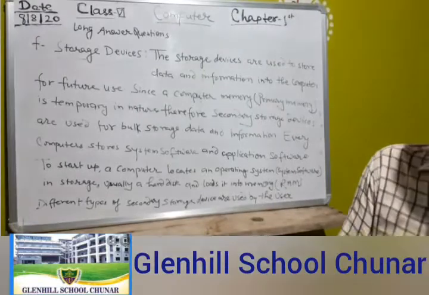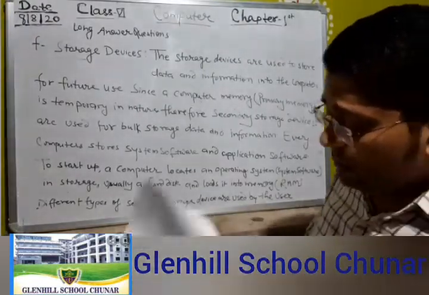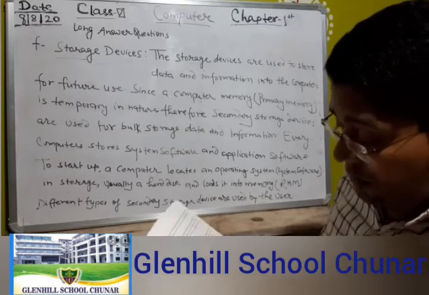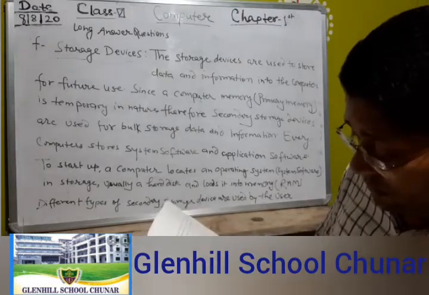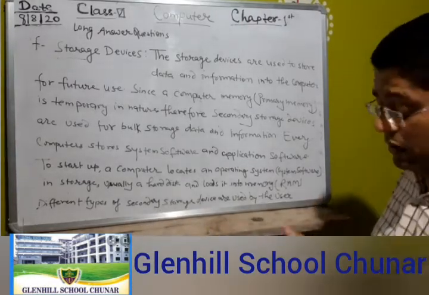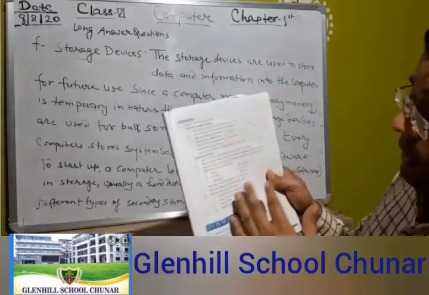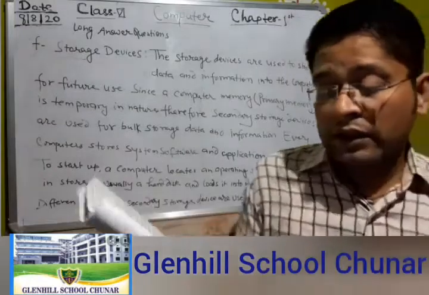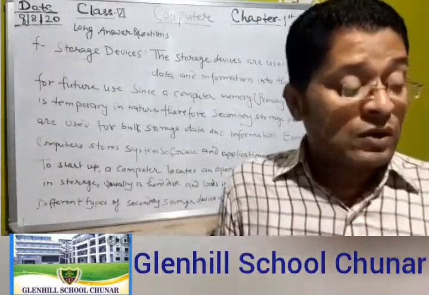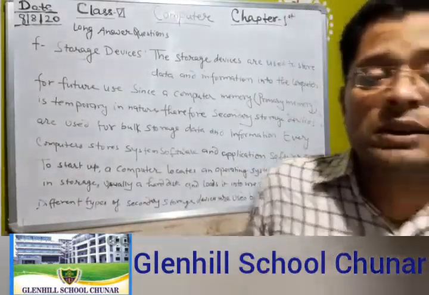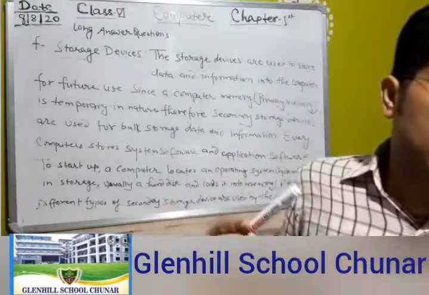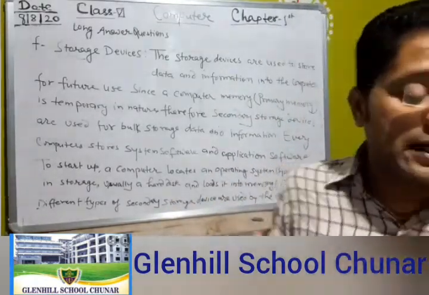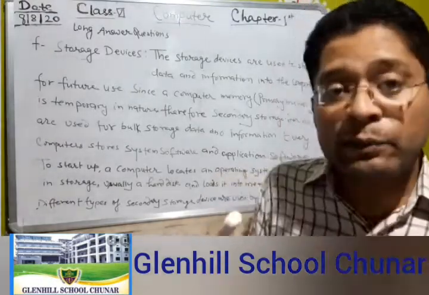So, students, your last question is: differentiate between the following. Here are 4 options: input device and output device, impact printer and non-impact printer, RAM and ROM, and standard input device and input device.